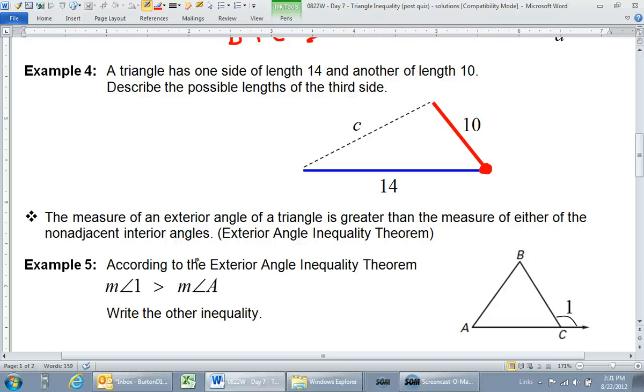Yeah, because if you added A and B together, it's 24. So it can't be greater than C. Anybody else have input? I like it. I understand it. Anybody else have input for me? No. Okay.